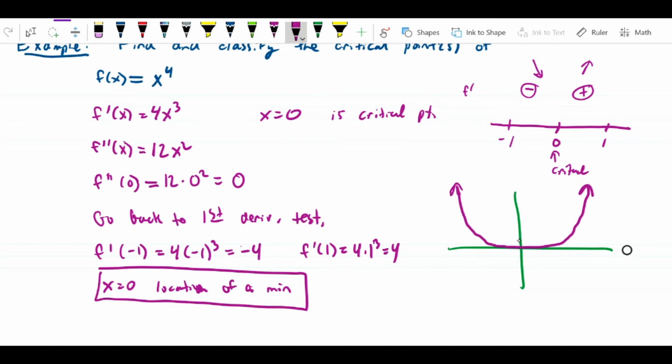In any event, what's going on here is that this point is a point where the function flattens out so much that the function just has no concavity. So this function is concave up, concave up, concave up, concave up, and then it flattens out and has nothing right there. And then it goes back to being concave up again.